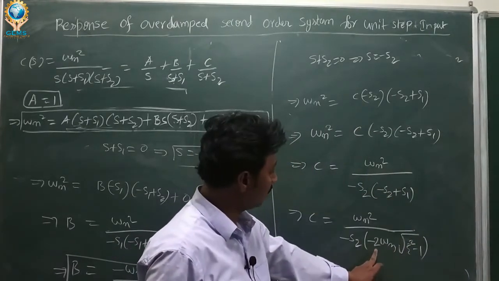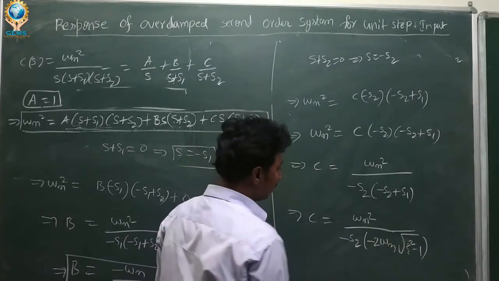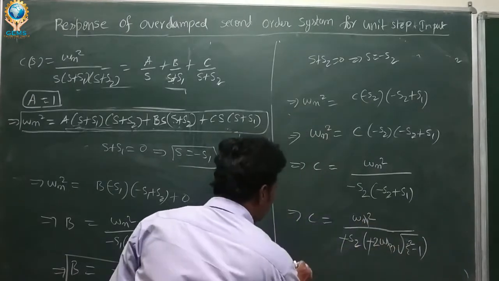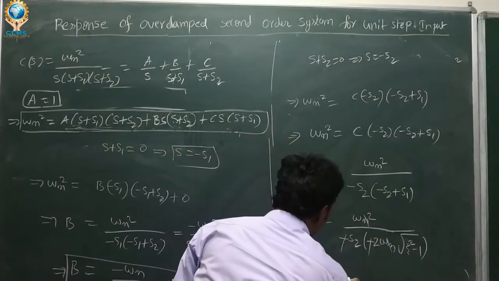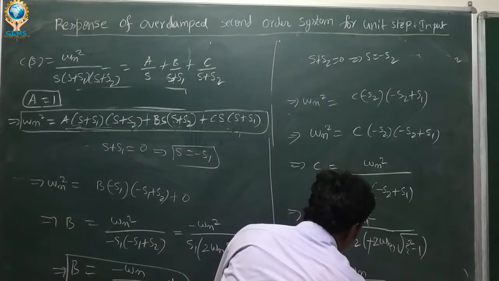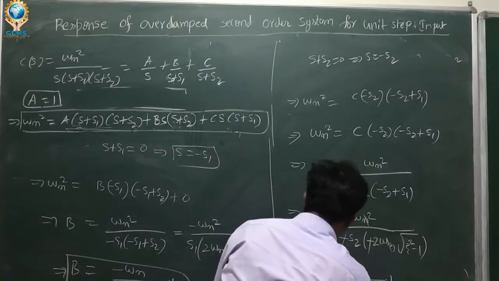So this value becomes minus 2 omega n root zeta square minus 1. So what happened here? Minus minus gets cancelled. Omega n gets cancelled. So your c value, c is equal to omega n by 2 root zeta square minus 1 into 1 by s2.